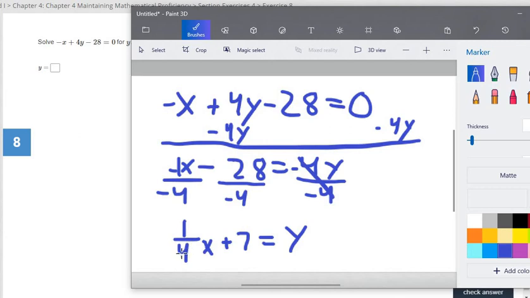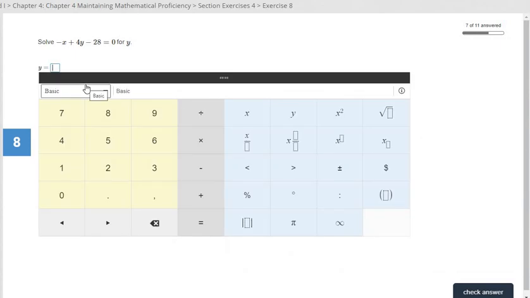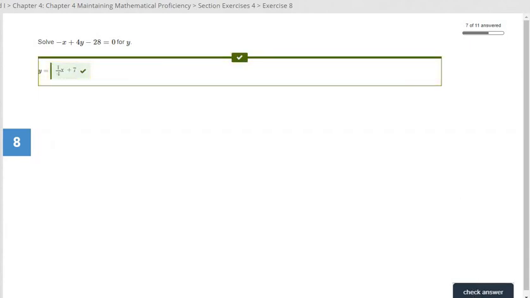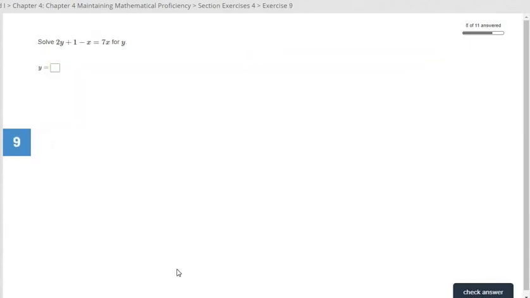So over here, it's going to be y equals 1/4 x plus 7. So let's see how we do that. 1/4 x plus 7. Oops, plus 7. Make sure I did that right. Yes, all right. Moving on.